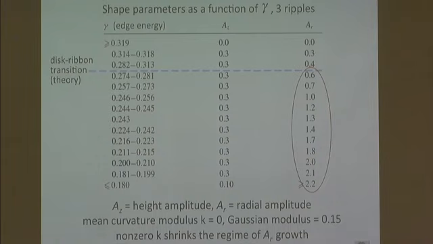In this case, we're not driving things with chirality, given that just technically is harder for us to do. We're driving things with the edge energy. But the idea is to drive the system towards the ribbon part of the phase diagram. That's the key point. So this you got from Monte Carlo.